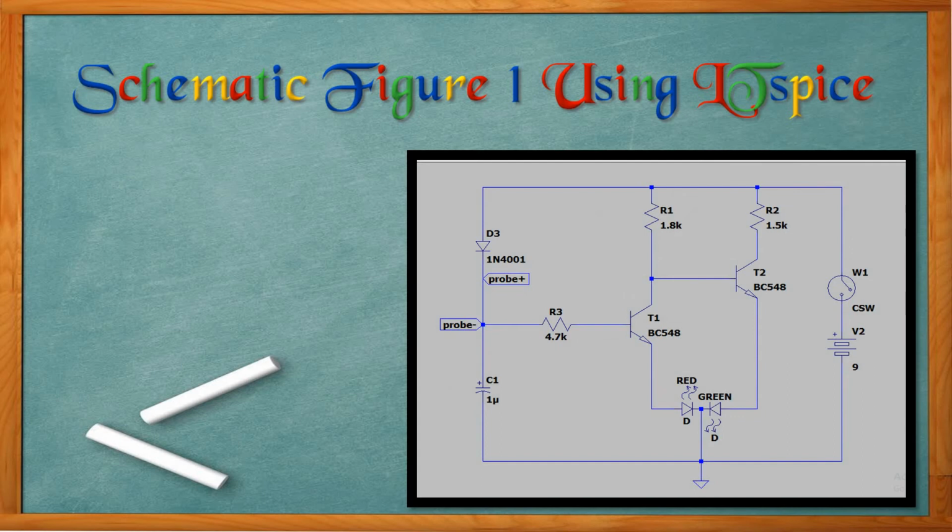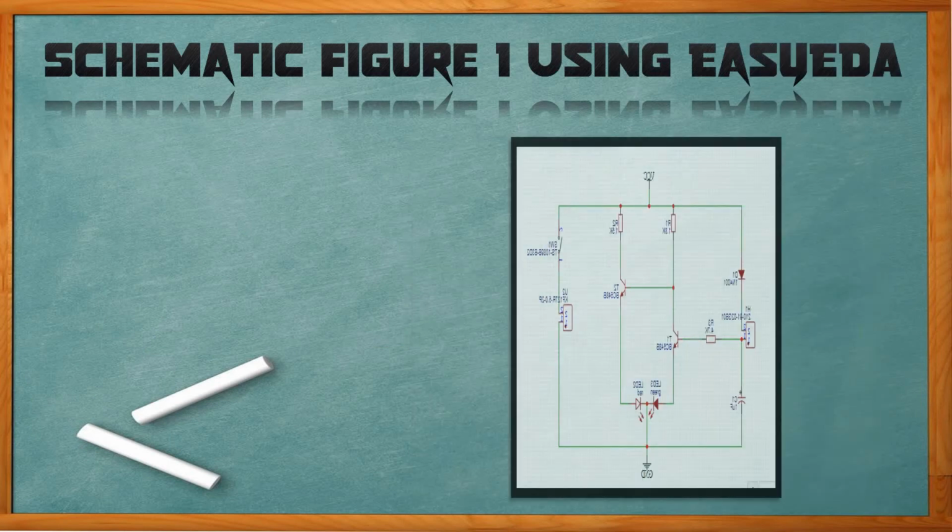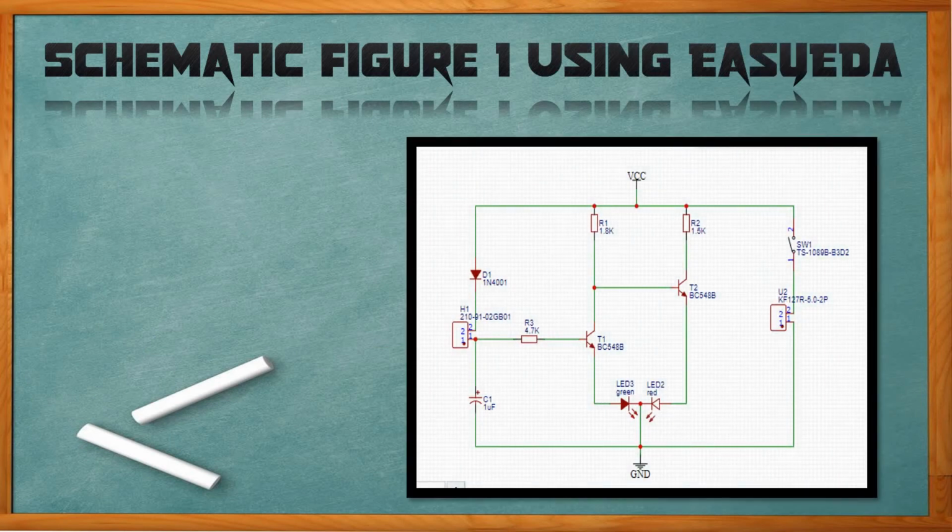Okay, this is schematic figure 1 using LTspice. We use diode, resistor, LED, transistor, and capacitor. Next. Okay, this one is schematic figure 1 using EasyEDA.